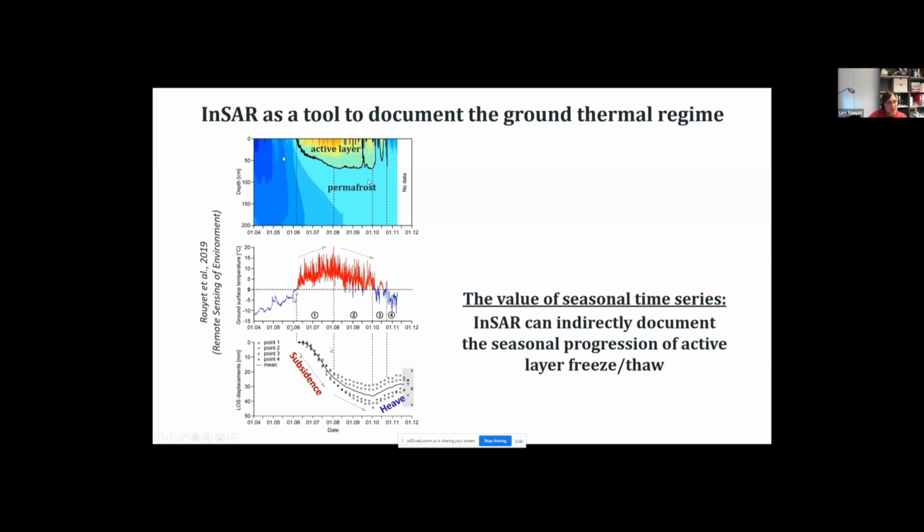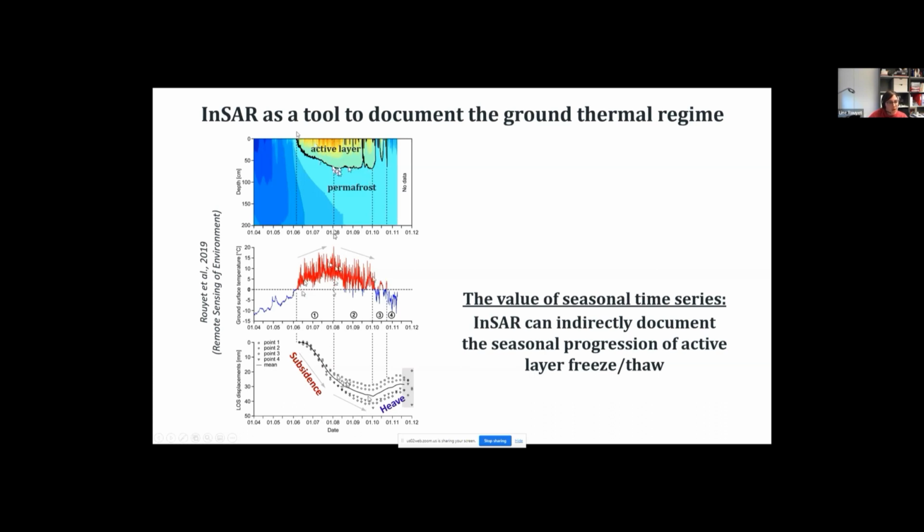And we can see that during the first part of the season, the active layer is thawing and the ground is subsiding quite quickly, while from August in this specific year, the active layer is at its maximum. It continued to be high temperature, but it doesn't propagate much more, and then the subsidence is slowing down because it doesn't melt much more ice, basically.